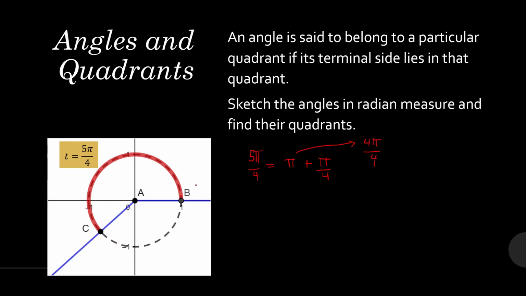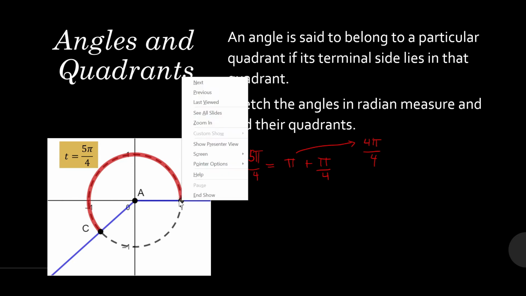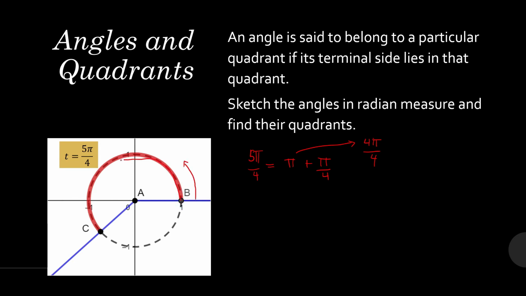So again, our angle is positive, so the direction of our rotation is counterclockwise. So what is pi? Pi is the entire arc of your semicircle. By the way, this is a unit circle, so the radius of this circle is 1.